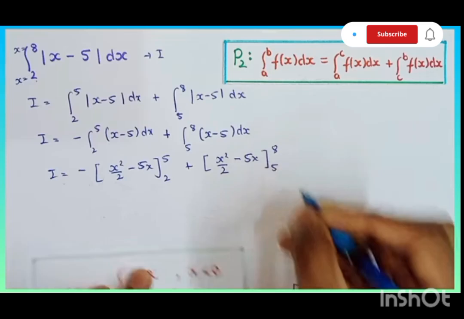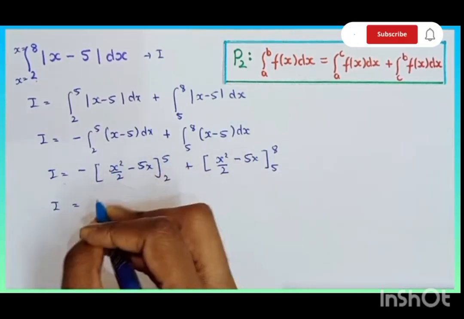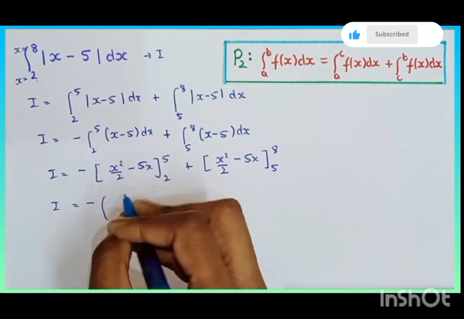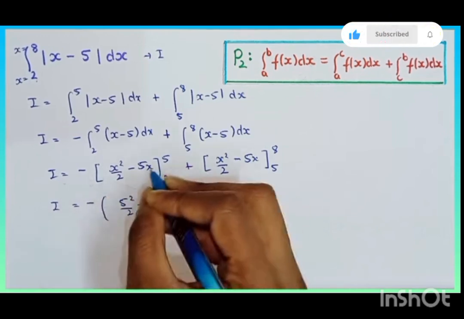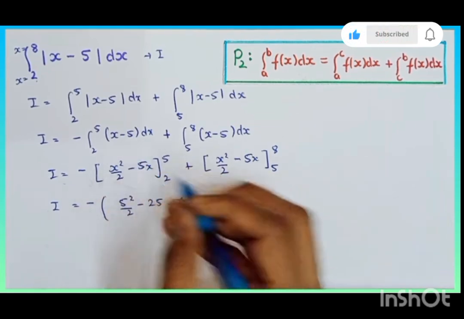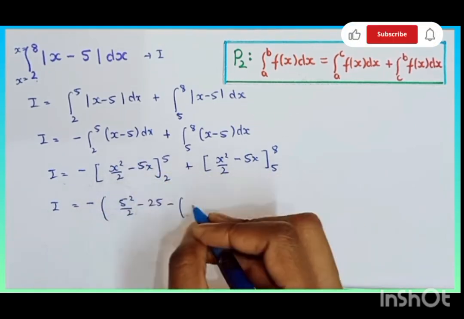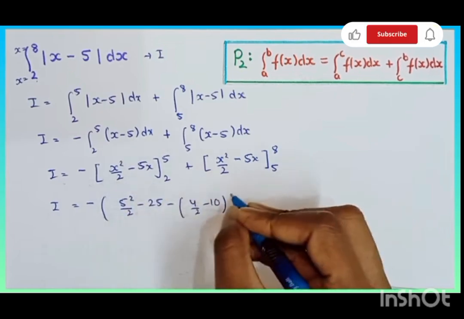5 to 8. Now wherever x is, first you will put the upper limit which is 5 there. So I made a bracket here. What will I get inside? 5 whole square by 2 minus 5 times 5 equals 25. Inside the minus bracket, put 2 wherever x is. 2 whole square by 2 is 4 by 2 minus 10. Then close the bracket.